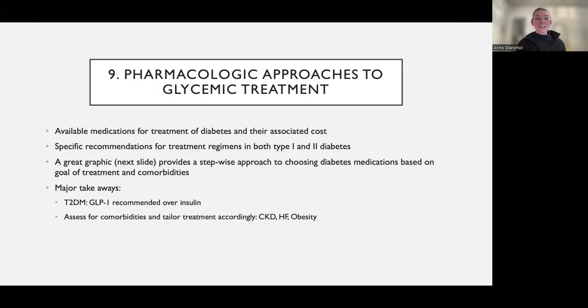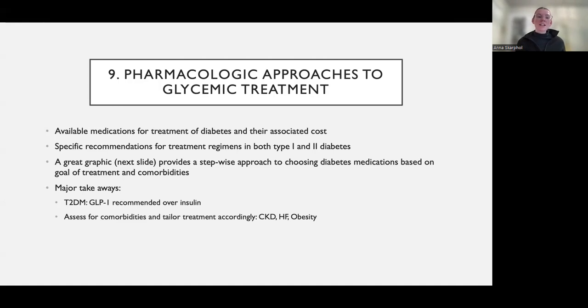We'll get into this on the next slide, but they provide really great graphics that help you prioritize when to start different things based on comorbidities. But a couple major takeaways that I pulled out of the guidelines. They're really trying to get away from just starting patients on insulin right away because we have so many other great options available to us.